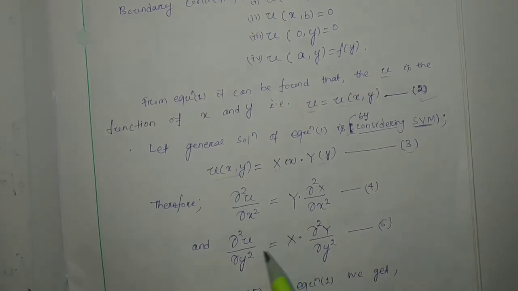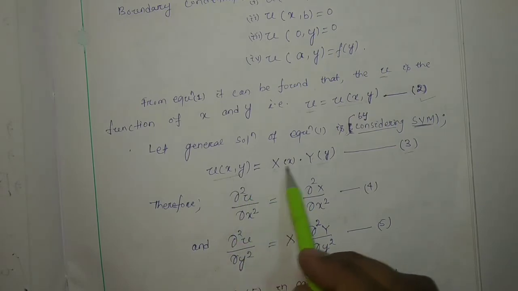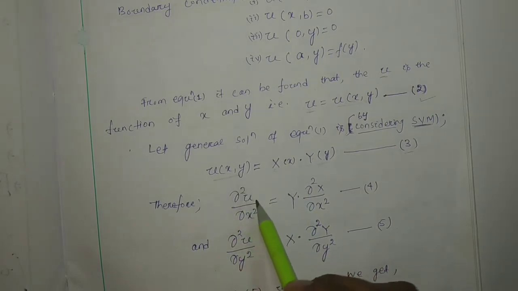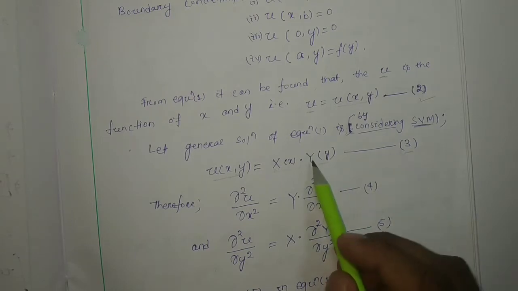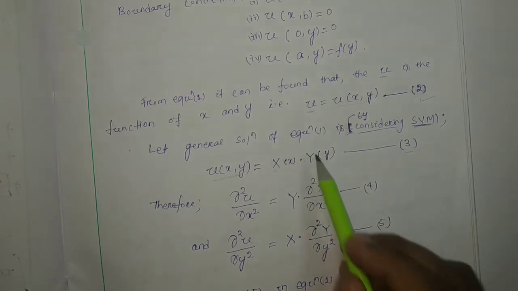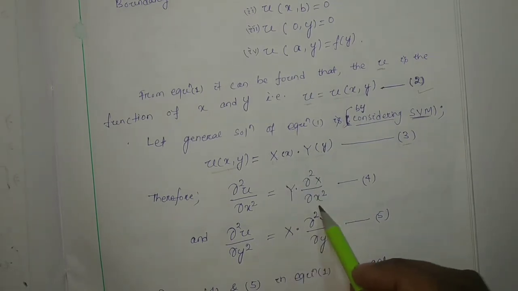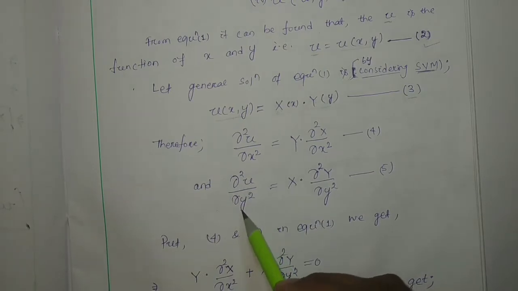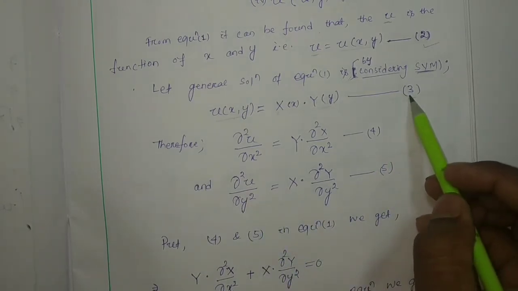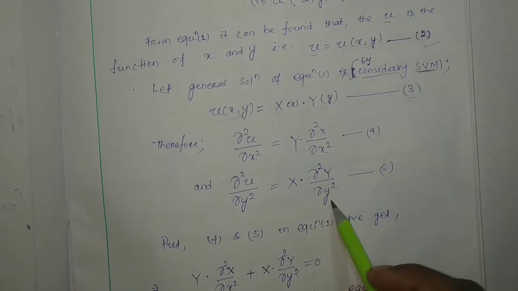Now del square u by del x square. If we consider del square u by del x square from equation number 3, then y is constant. So it is Y into del square X by del x square. Let this be equation number 4. Likewise, del square u by del y square from equation number 3 gives X into del square Y by del y square.